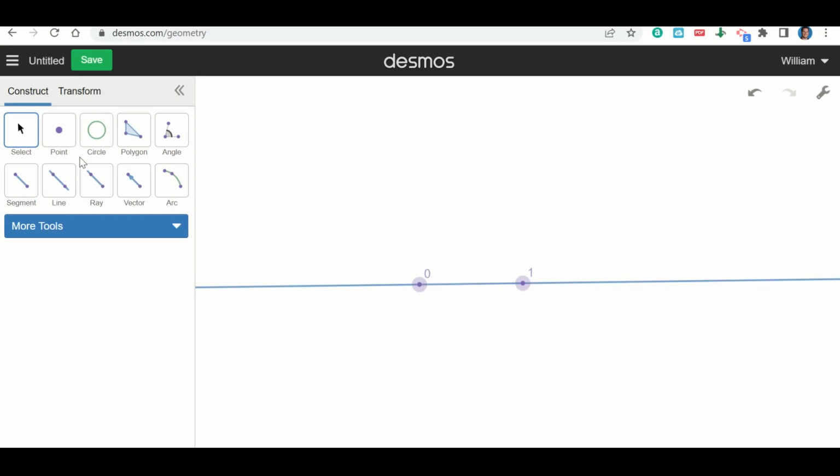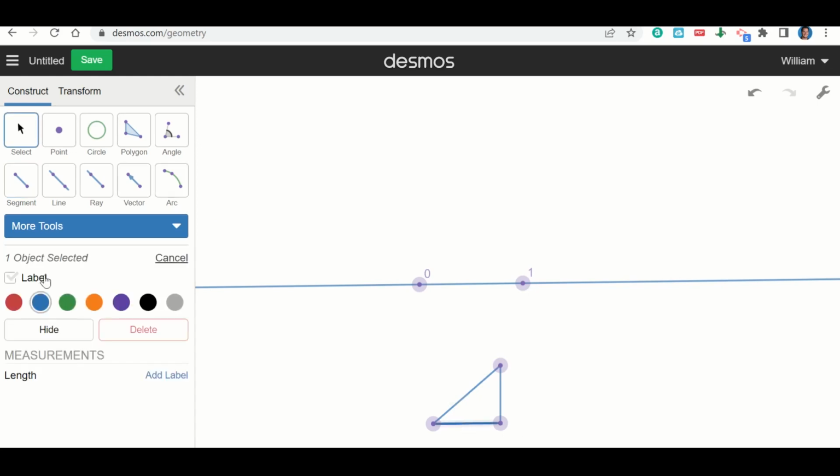And what we should notice is we want to be able to create a right triangle, something like this, and make this the square root of 2. In order to make this the square root of 2, if we want to use our special right triangles, this length here should be 1.